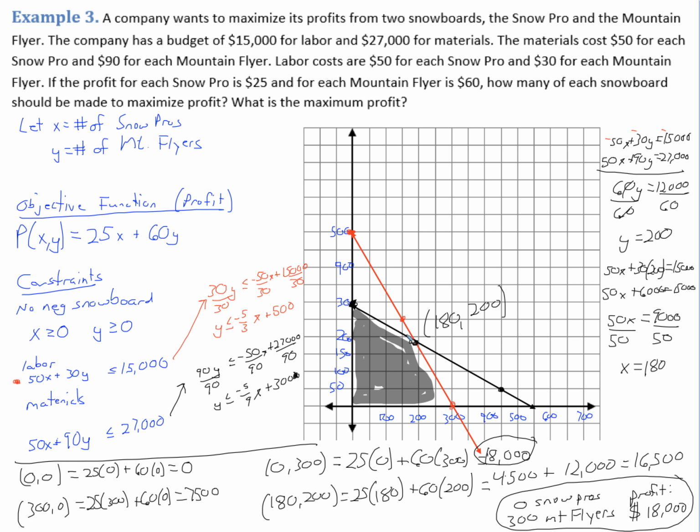Graphed those. In this case, sometimes they cross at a nice lattice point, which is great, and we love that. This time it did not, so we had to find out where those 2 lines intersect. It was at 180, 200. The other ones were all easy, 0, 0, 300, 0, and 0, 300. Plugged those points into our profit function, and found which gave the highest profit.